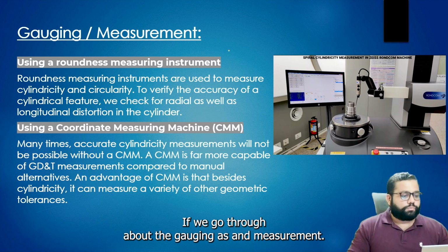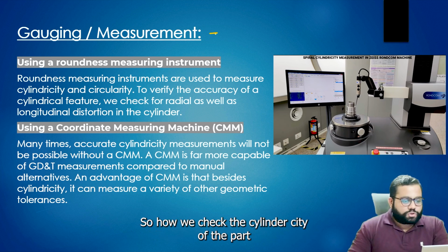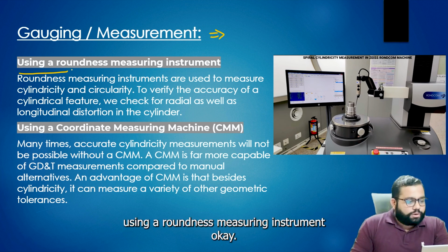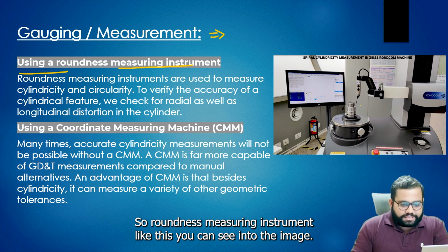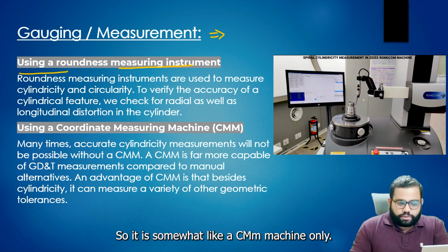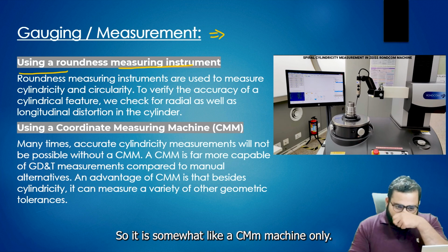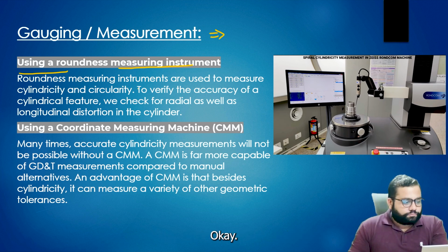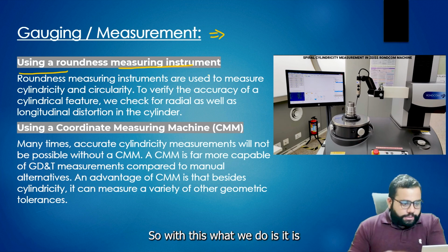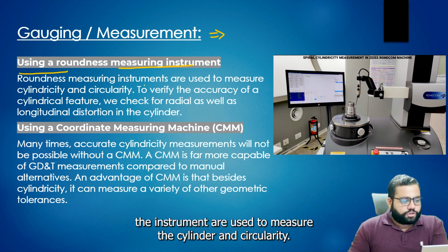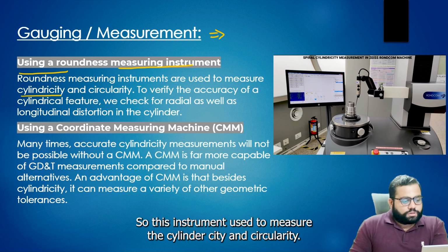If we go through the gauging and measurement, how do we check the cylindricity of the part? Using a roundness measuring instrument, like you can see in this image. It is somewhat like a CMM machine. This instrument is used to measure cylindricity and circularity.